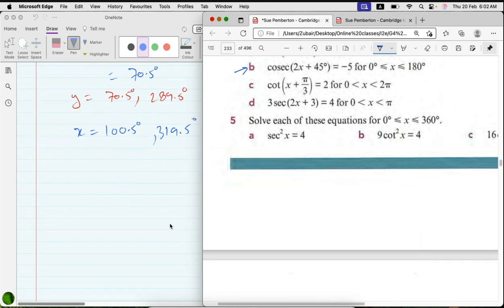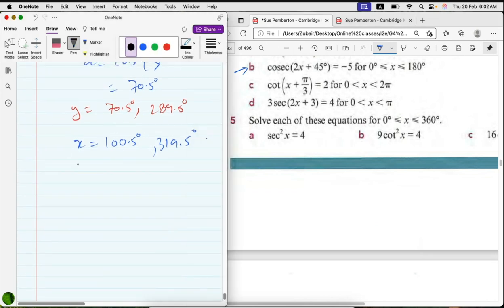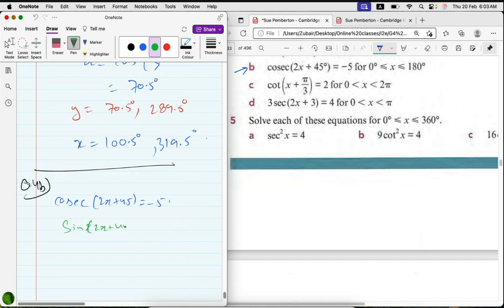Okay, I'll solve this for the first one quickly. 4B. Cosecant of 2x plus 45 is equal to minus 5. Taking the reciprocal, cosecant is 1 over sine. So sine of 2x plus 45 is equal to minus 1 by 5. Basic angle is sine inverse of 1 by 5, which is 11.5.